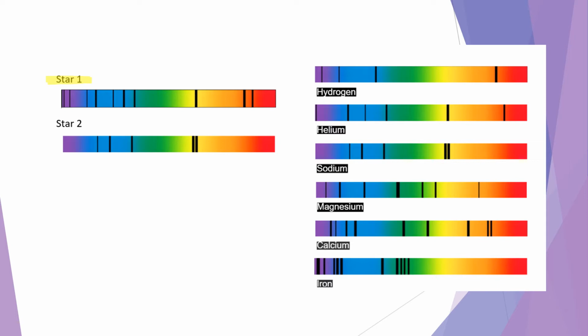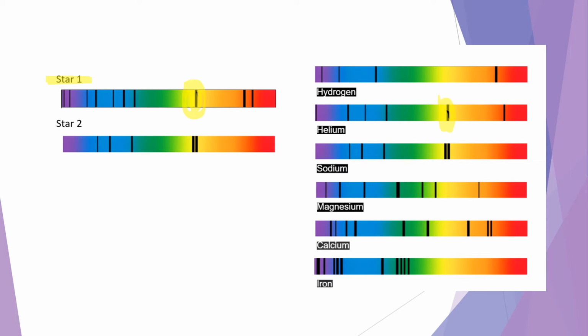So let's do star number 1 together. So you'll notice that we have this dark black line right here. So I'm going to come over to hydrogen, helium, sodium, magnesium, calcium, and iron, the emission spectrums for them, and I'm going to find one that has that exact dark thick line in the same position. So just one line. Okay, so if I look through all of these, I will see that line right here as well.